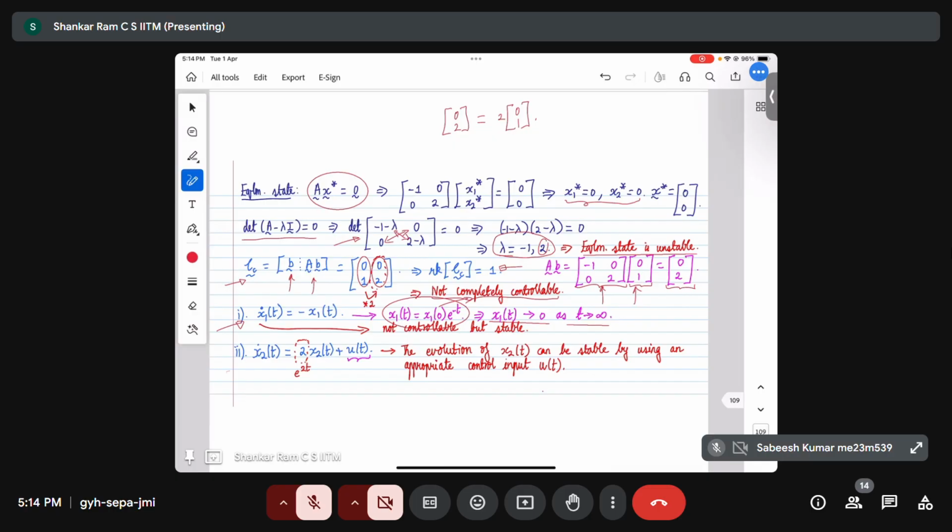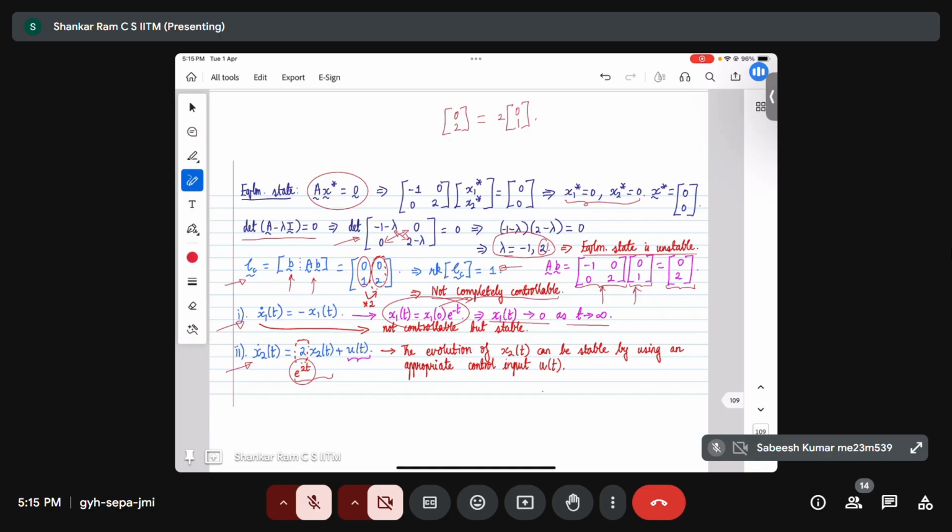On the other hand, if you look at the second state equation, X2 dot, it is 2 X2 plus u. So you can immediately see that with this, the solution will have an e power 2t term, which is what will blow the state to infinity. That is why the system is unstable.